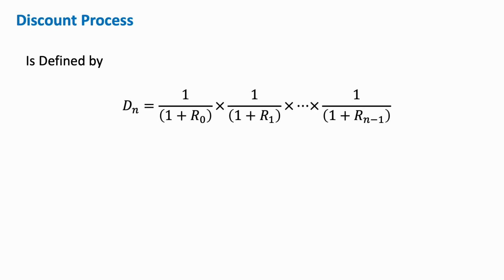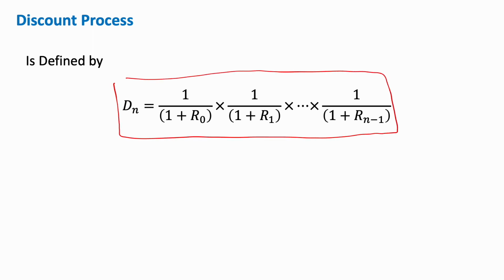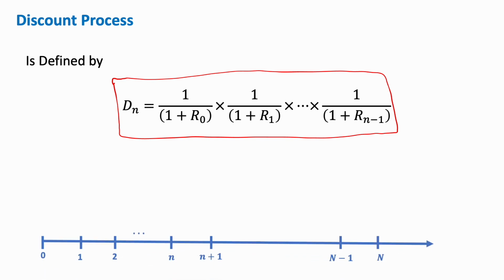Okay, now that we understand the interest rate process, we can start talking about what we call the discount process. And very simply, the discount process is defined by this expression here. To give more background on this, so we can try to understand it, let's pull up a timeline here.